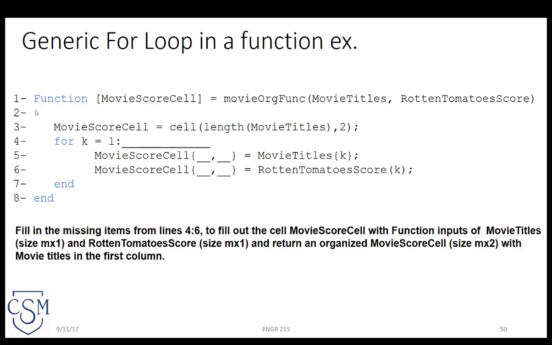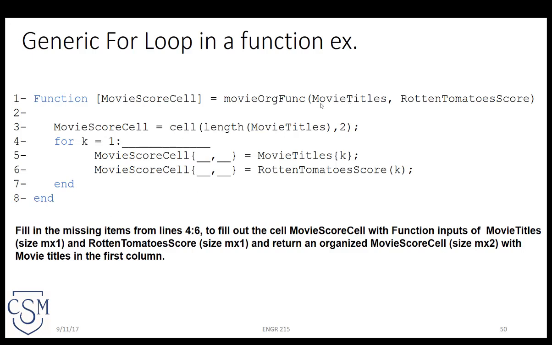So here's a question. I have a function called movieOrg, and what I want to take are 2 inputs where they're cell inputs. They're called movie titles and a Rotten Tomato score, and both of them should be m by 1. So these are m by 1 cells, and since m can be more than 1, it's going to be giving us a column vector.